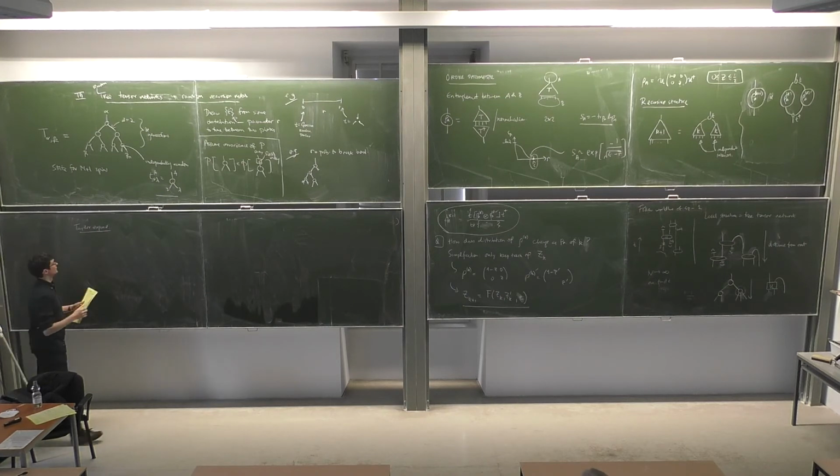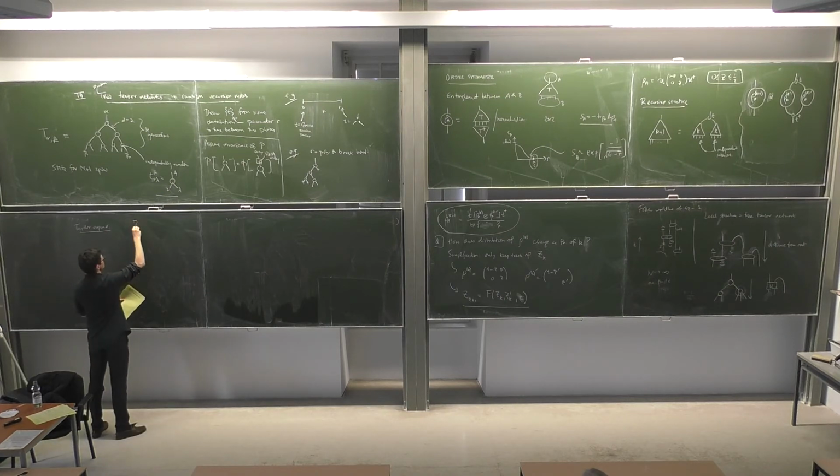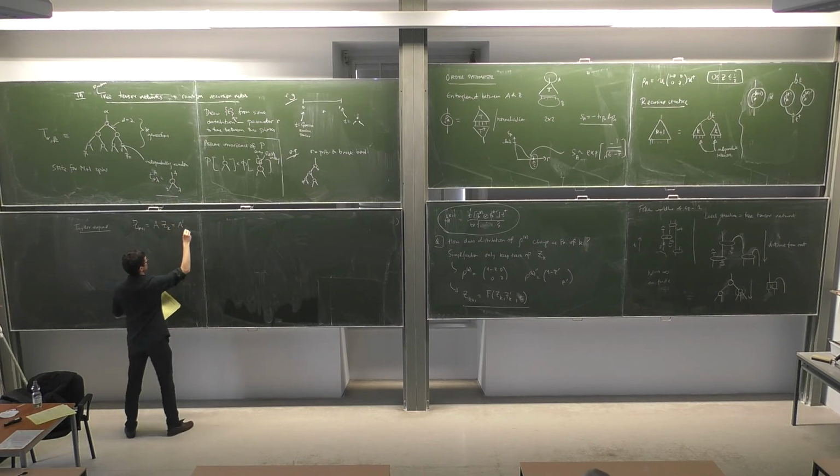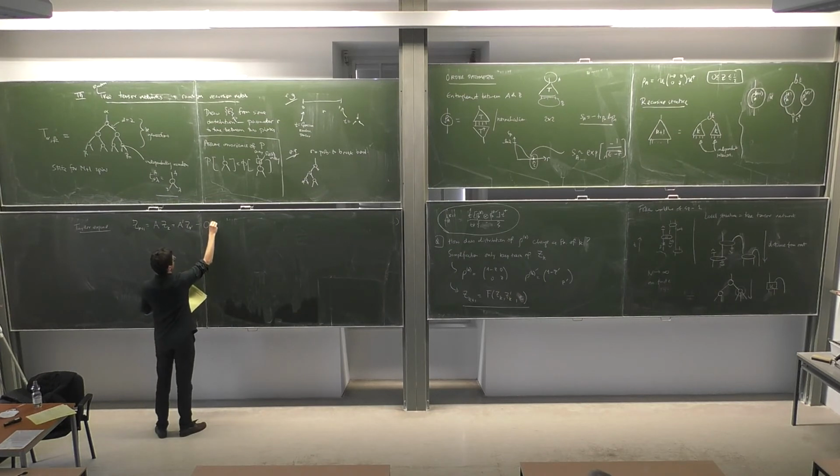So if we do that, then simple exercise, you get zk plus 1 equals some positive constant times zk, another positive constant times zk prime, and some higher order terms.